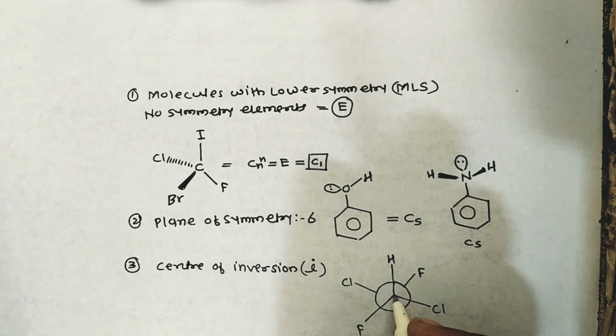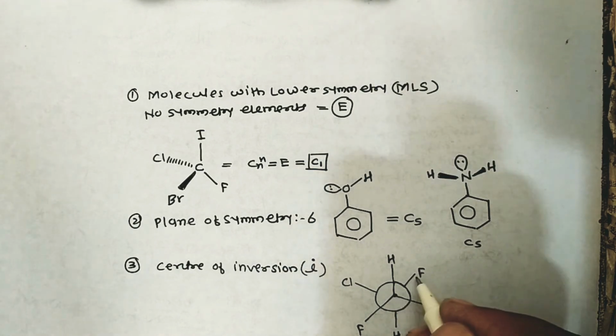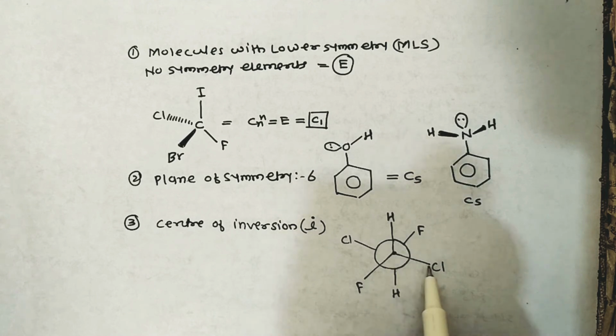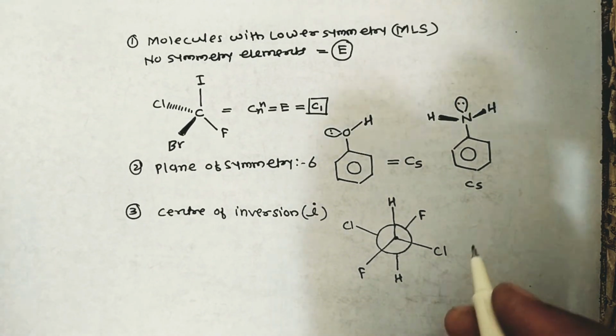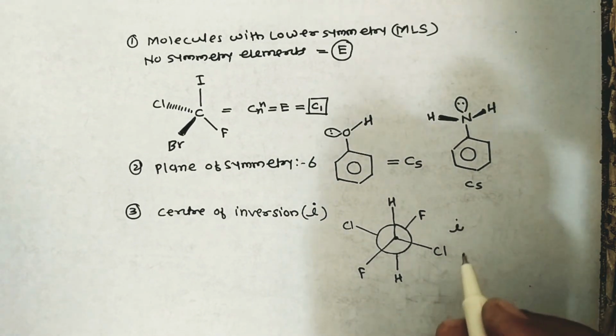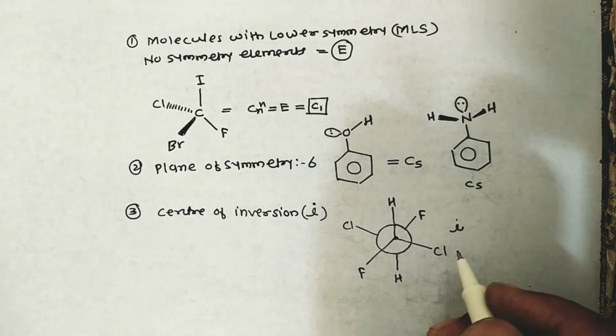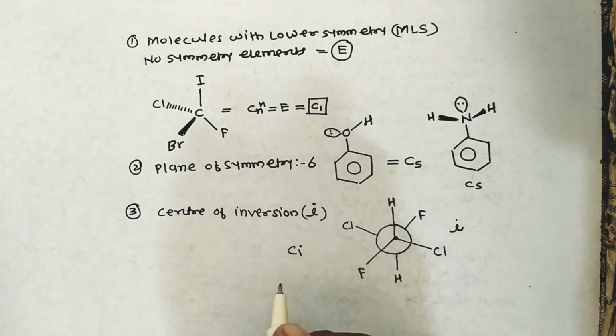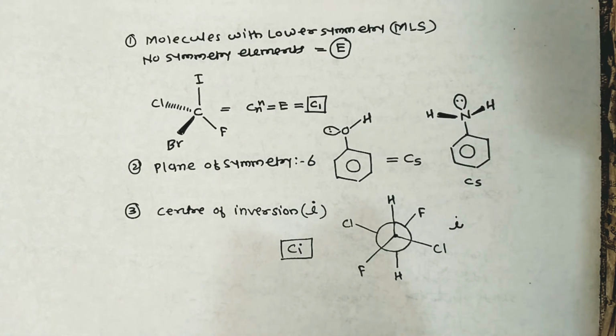The center of gravity point is here. If you move this side, you have a fluorine atom. If you move this side, you have a fluorine atom at the same point. Here chlorine, on the other side chlorine, here hydrogen, here hydrogen. So this molecule must contain a center of inversion, that is i. Therefore this type of molecule has point group Ci. Ci means only center of inversion.